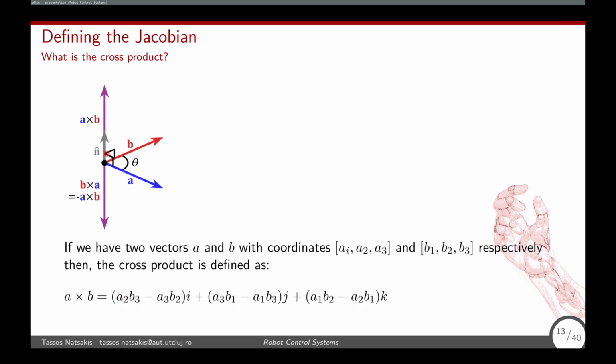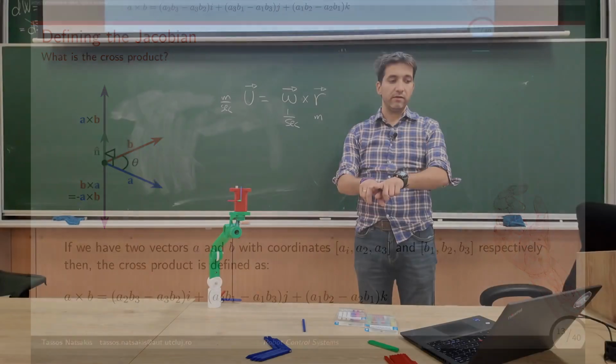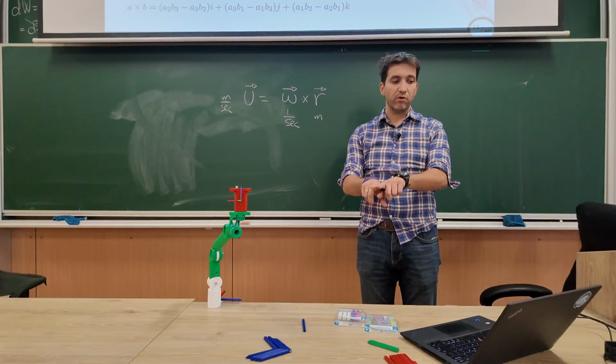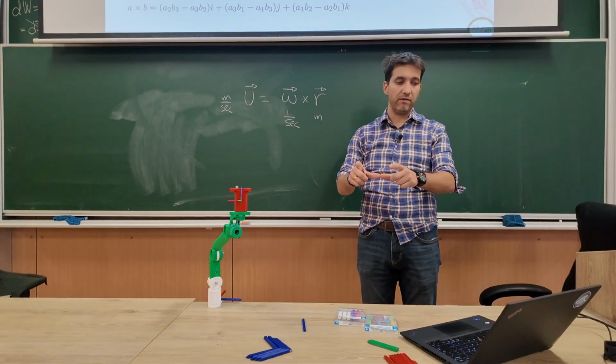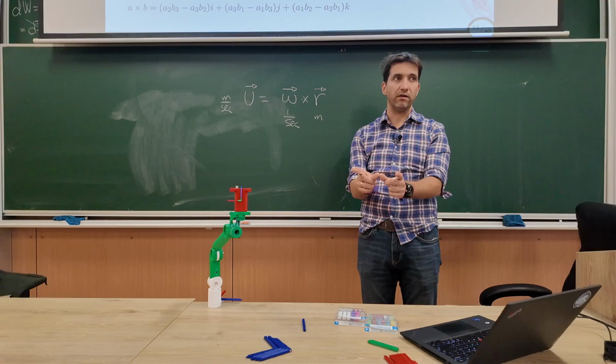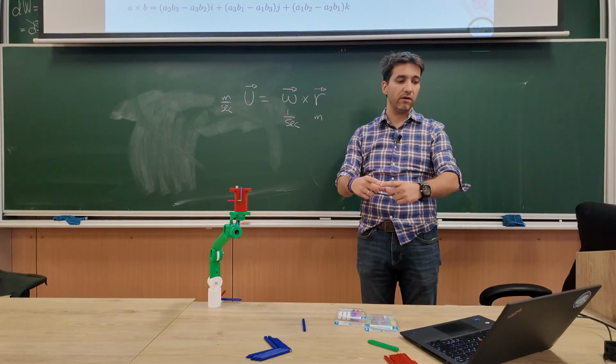So the property of the cross product, which is also a vector, is that it is perpendicular to both initial vectors. So A cross B is perpendicular to A and is perpendicular to B. And its magnitude is proportional to the magnitudes of the A and B vectors and to the angle, right?